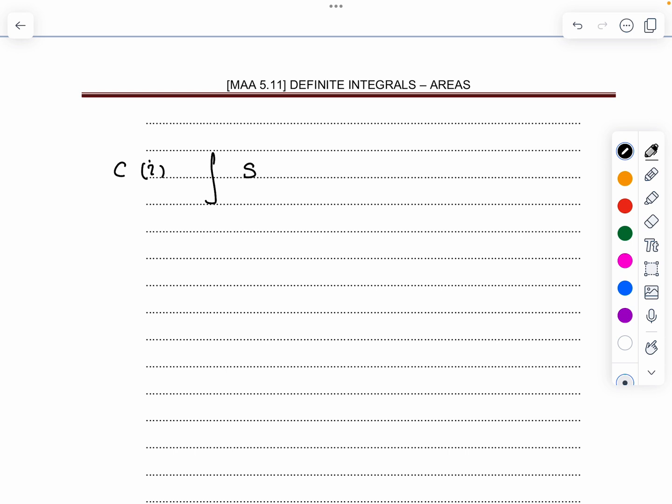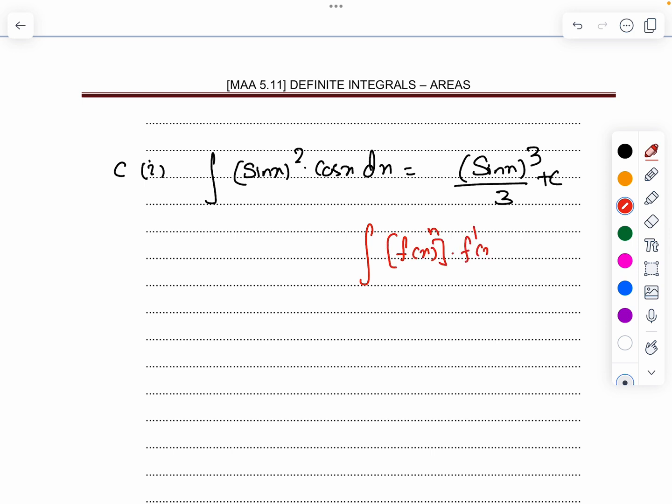Integral of sin x whole square times cos x dx. This is sin x whole to the power of 3 divided by 3 plus c. What is the formula I have used? Any function to the power of n times that function's derivative dx will become that function to the power of n plus 1 upon n plus 1, plus c.